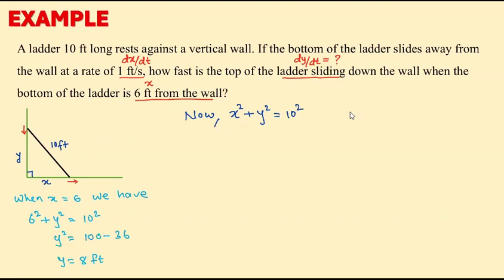We can differentiate on both sides with respect to time. So if you differentiate x squared with respect to time, you get 2x times dx over dt. If you differentiate y squared with respect to time, you get 2y times dy over dt. And the derivative of the constant 100 is 0.